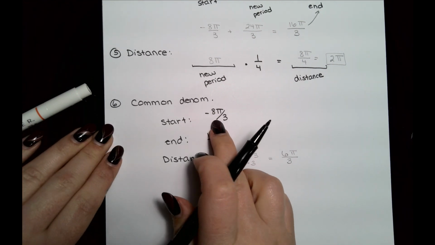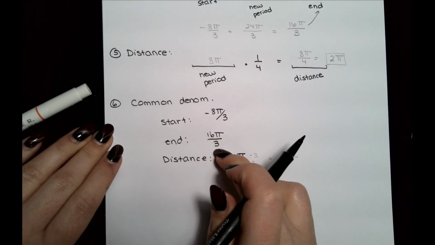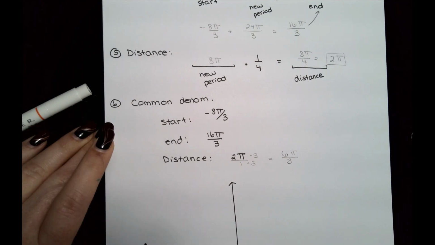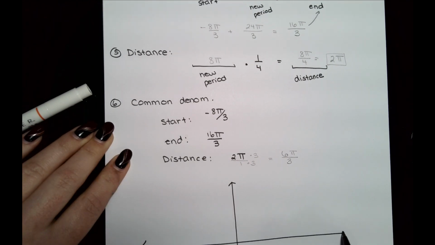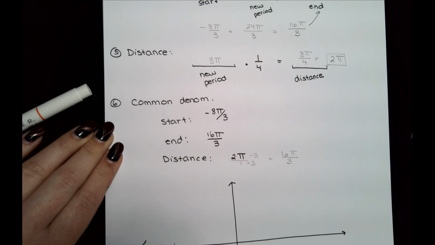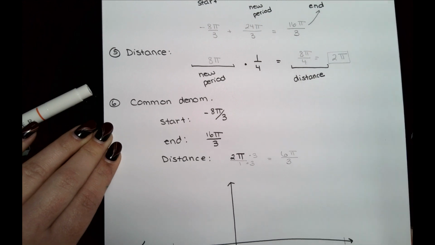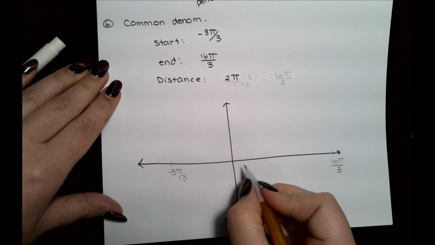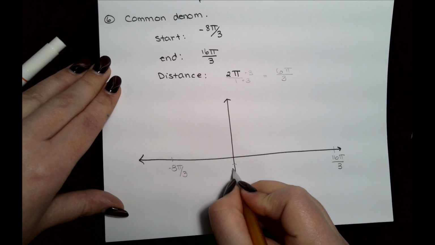I'm looking at my values. I have an 8 pi thirds and a 16 pi thirds, so I am going to need negatives on the x-axis. Negative 8 can be here. And if this is negative 8, I have 16 pi thirds somewhere here. Looking at step number 2, our midline is at negative 2.